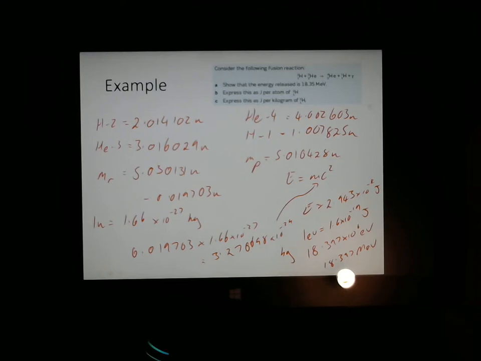If I asked you to prove that it equals this, and that was the answer you got, I'd say, yep, that's close enough. Therefore it's correct, because 18.4 is approximately 18.35. It's within rounding error, is the way I would phrase it, and so you've demonstrated the correct value.